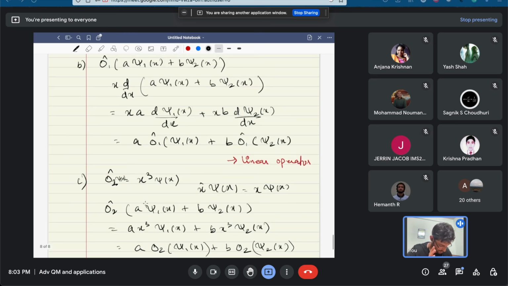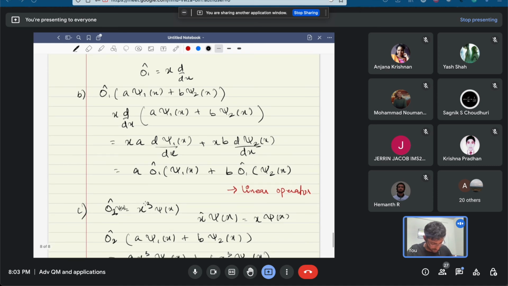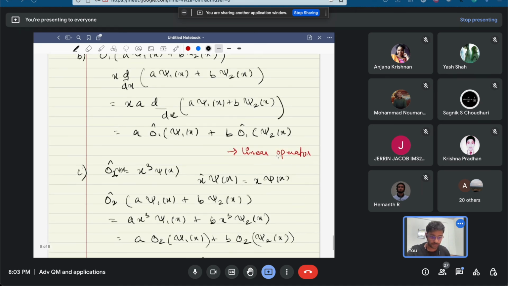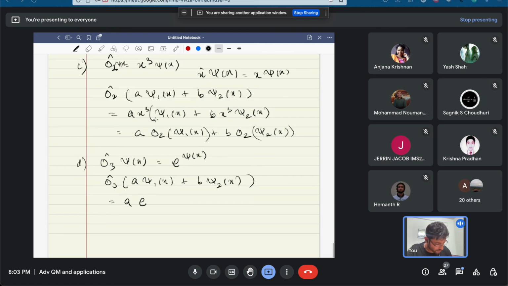Sorry about this, I was doing it a bit wrong. So this is supposed to be the operator acting on the whole thing a psi 1 of x plus b psi 2 of x, and then you take the derivative of individuals, and here also this is operating on the whole thing, otherwise it won't make sense.